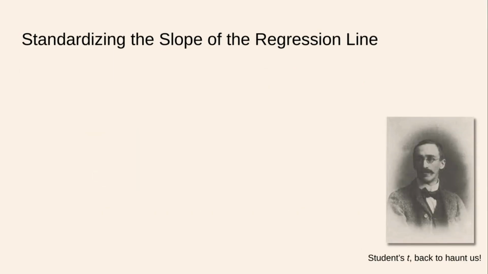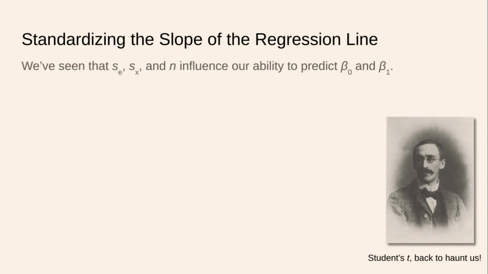Now let's put it all together. We've seen that the residual standard deviation, S sub e, the spread of the x values of our points, S sub x, and n, our sample size, influence our ability to predict beta naught and beta 1, the population y-intercept and slope.